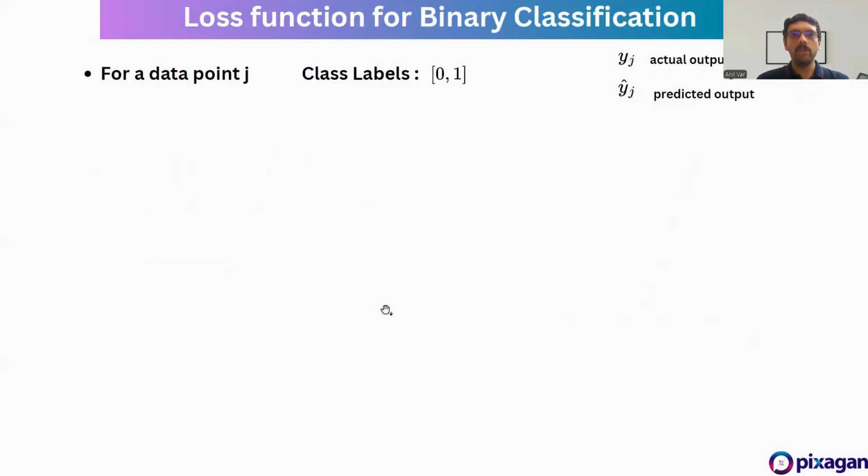To train this neuron, we need a loss function. Given that the neuron gives you a value between 0 and 1, and we're saying it's the probability, what if y hat is the probability of the class being 1? Then how do we treat the loss? Because to train the neuron, you need a loss. Let's assume there are multiple data points, but we're looking at one data point j, and the label y is either 0 or 1.